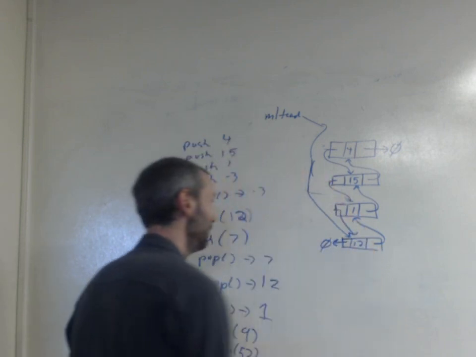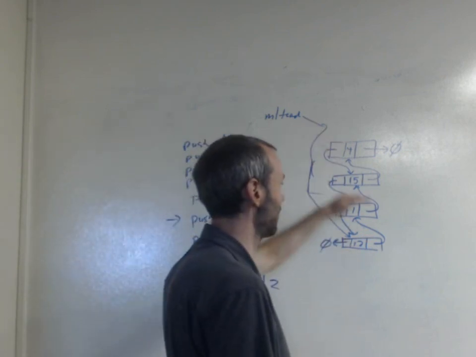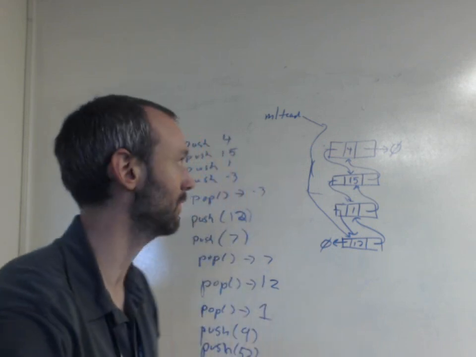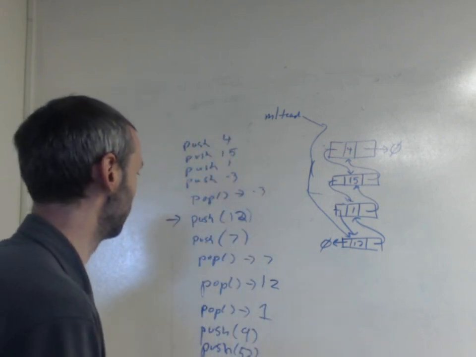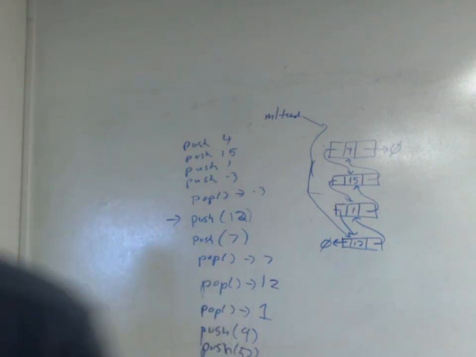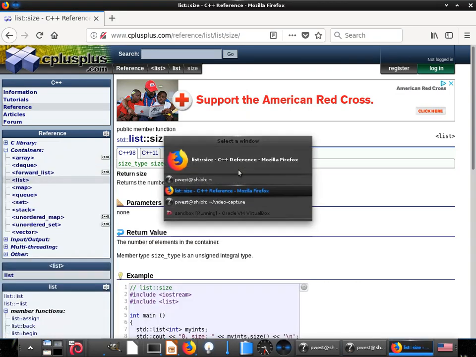All right. I drew it like this, so it's very obvious that it's kind of doing this. But in memory, it might be jumping all around. Okay. Great. Let's stop for a moment.